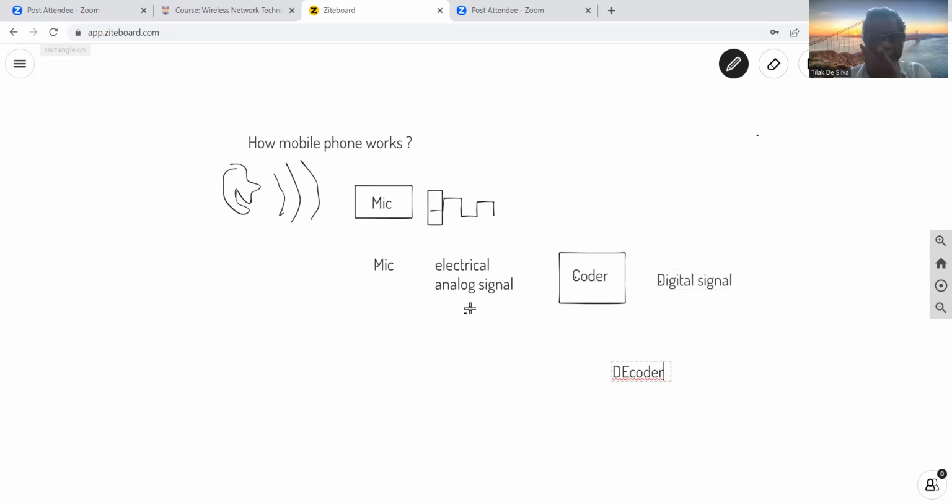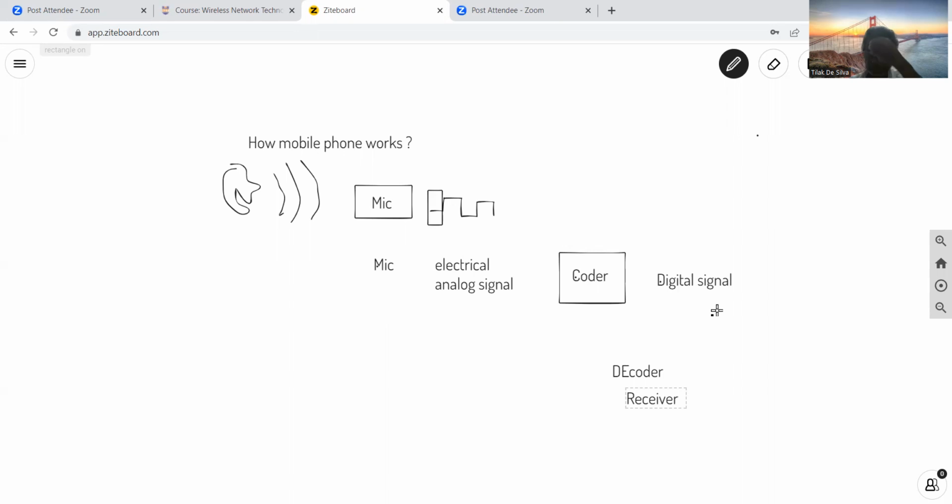The coder converts the electrical analog signal to digital signal, and the decoder converts the digital signal to electrical analog signal. This is at the receiver. Then we have a speaker. From the speaker, it goes into the air and comes to our ear. So this is how a mobile phone works at the transmit end and the receive end.